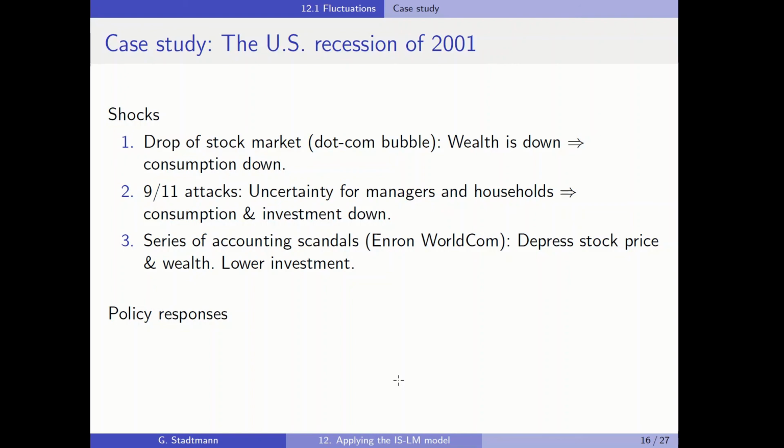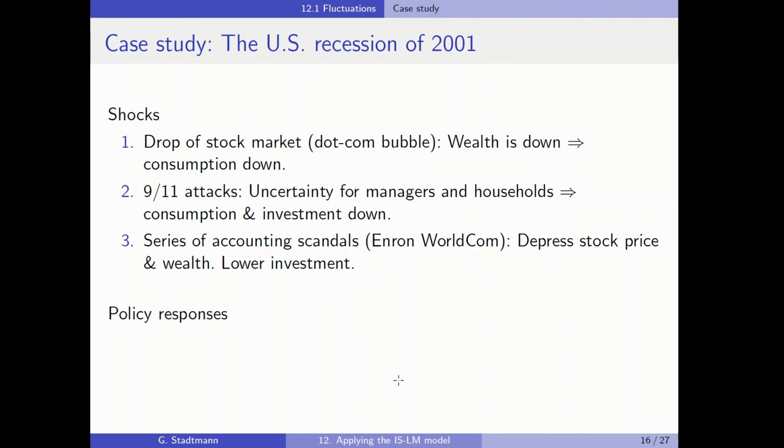Then also a series of accounting scandals played a role, like the Enron scandal or the WorldCom scandal. Two big American companies had to file for insolvency, they went bankrupt. This, of course, depresses the stock price and wealth, and hence we have a consumption shock here.